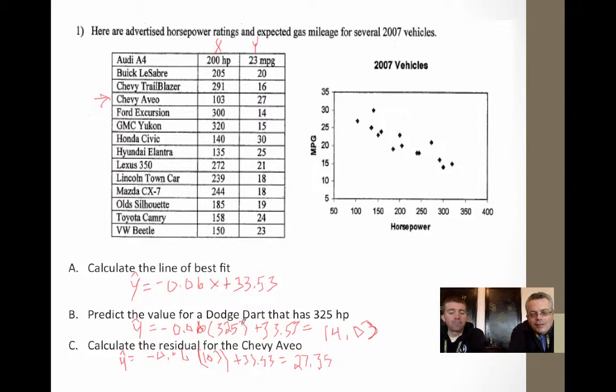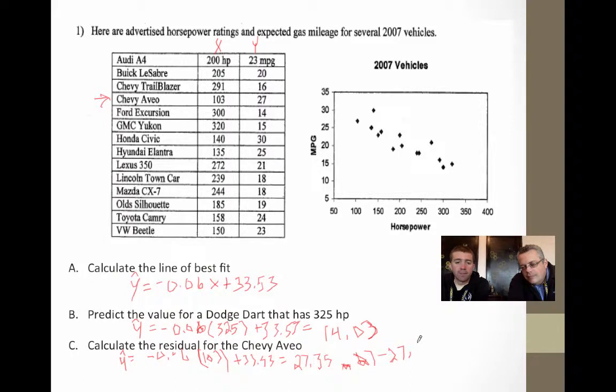27.35. So that's the predicted value. Now we got to do actual minus predicted. Like AP stats. Actual minus predicted. In this case, we kind of overshot a little bit in our predictor. So we subtract that. Oops, I'm sorry. That's wrong. 27 is first, then minus the 27.35.